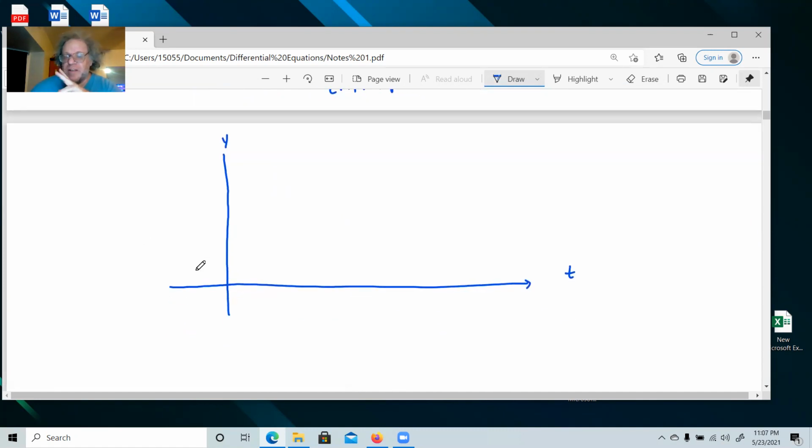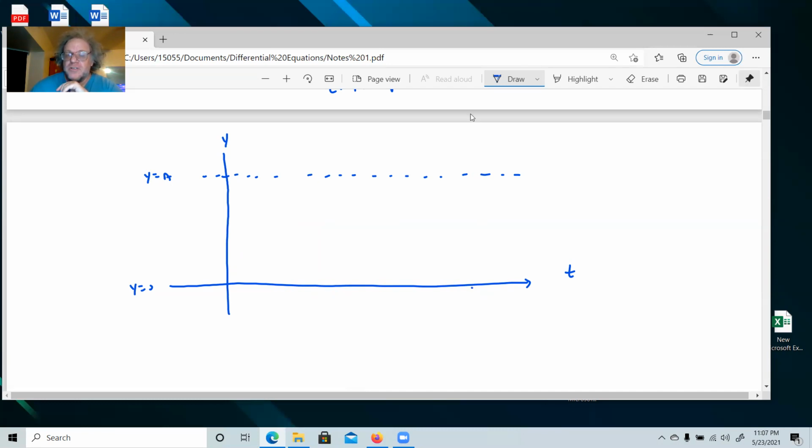I know t doesn't make an appearance. So this is y equals 0. This is y equals a. We're not really trying to show off and say where this is, but right at the points y equals a, dy by dt was 0. So all the slopes here are going to be 0. All the slopes here are going to be 0.